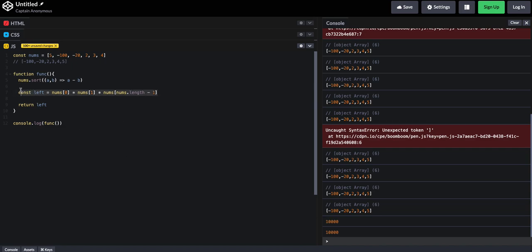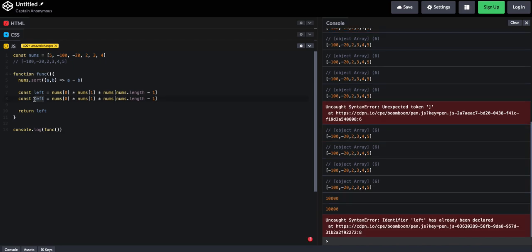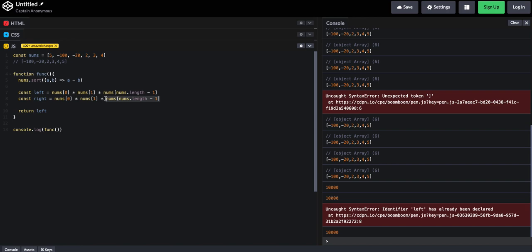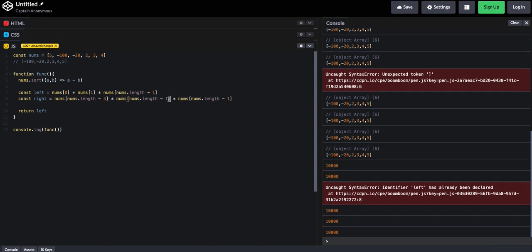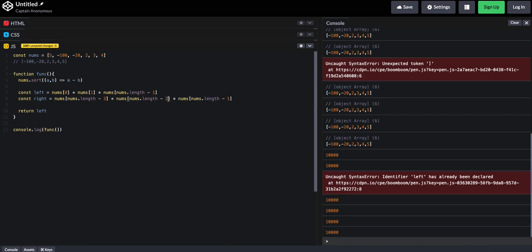Then we need to create a variable, and we're going to look at the right side of the array, right? So we're going to call that right. And then here, I'm just going to copy this. I'm going to make this a 3. Make this a 2.